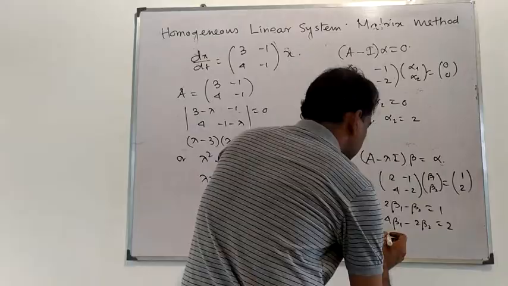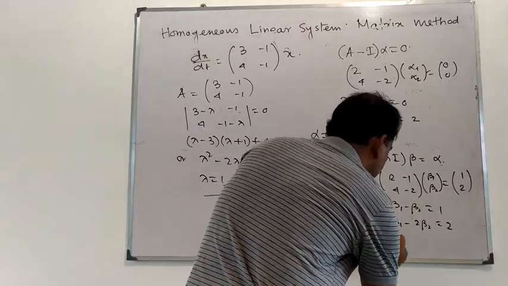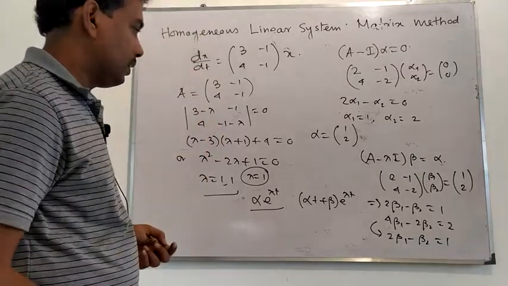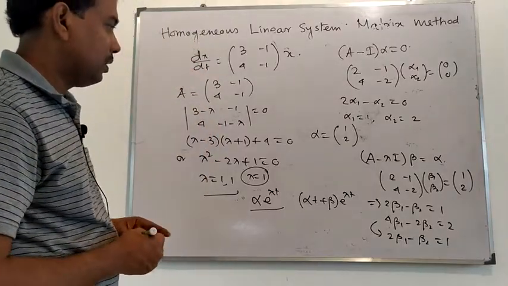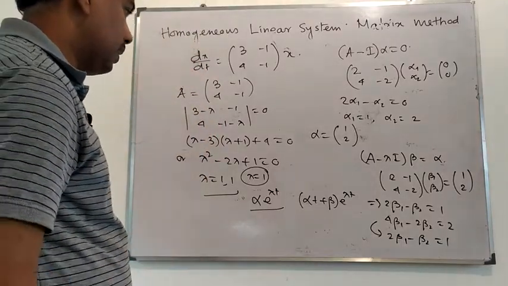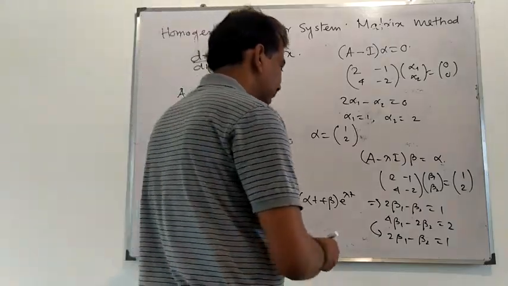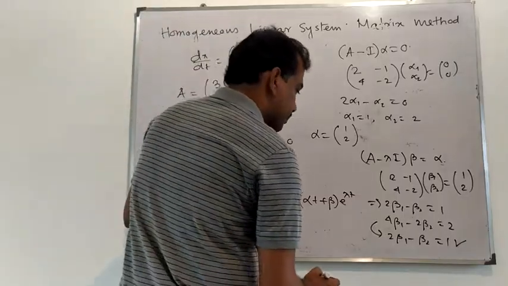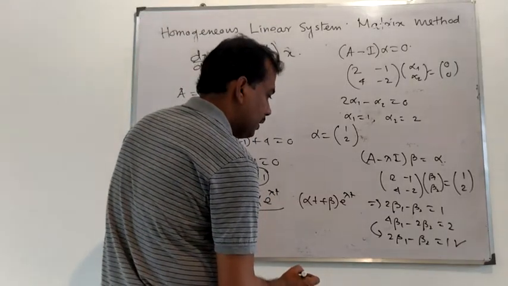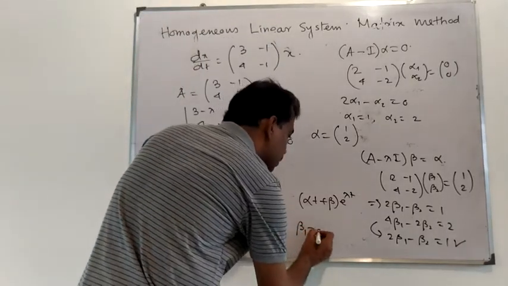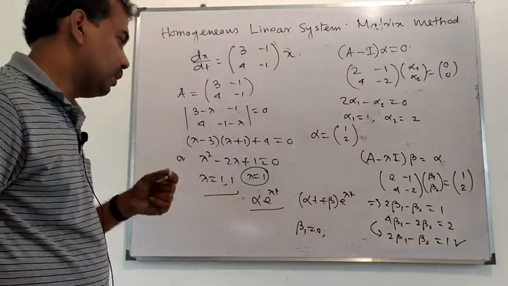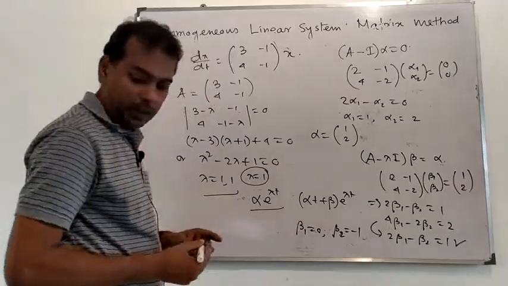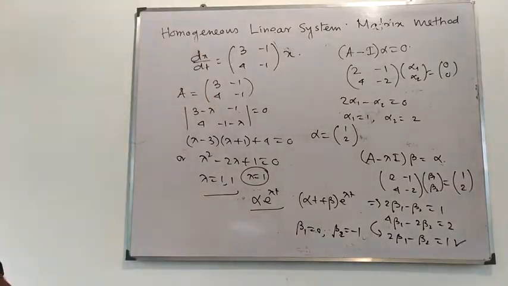Actually, we get a single equation: 2 beta 1 minus beta 2 equal to 1. If we take beta 1 equal to 0, then beta 2 is equal to minus 1.